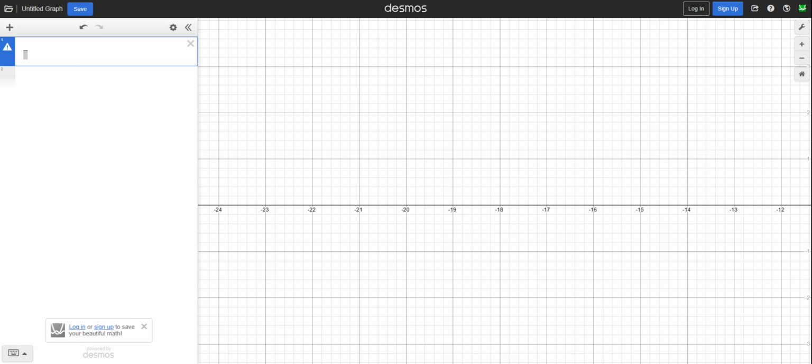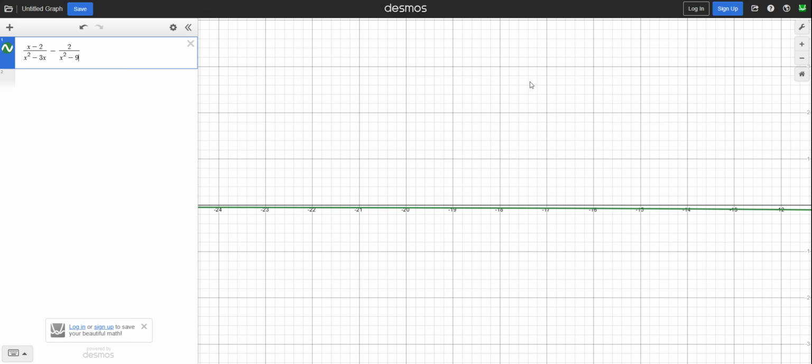Fraction key. x minus 2. Arrow down. x, shift 6, 2. Minus 3x. Arrow to the right, minus fraction key, 2, arrow down, x, shift 6 square, minus 9.